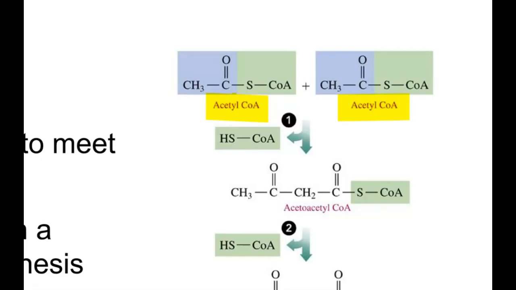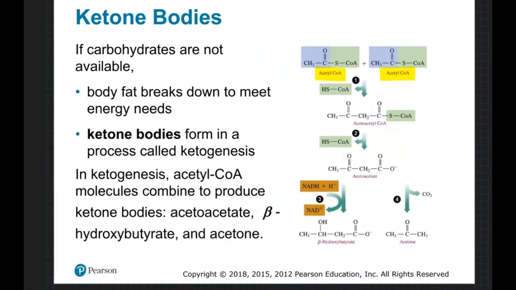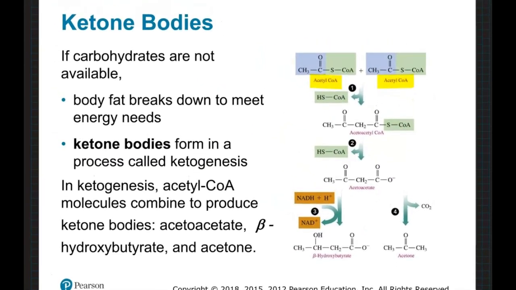So somehow you need to oxidize acetyl-CoA. So far, am I making sense? So this happens in the process of generating ketone bodies during the process known as ketogenesis. Okay?